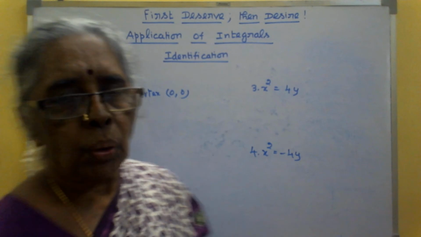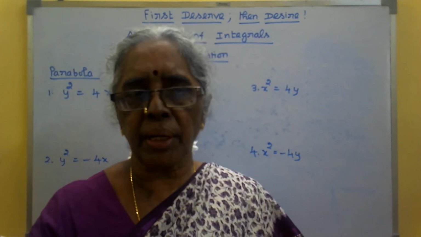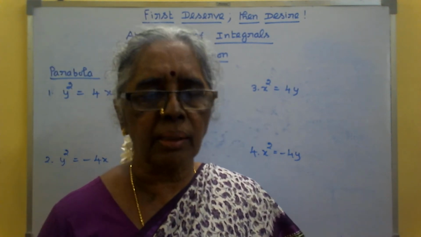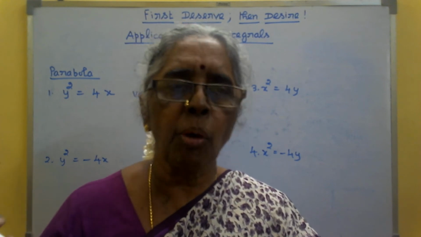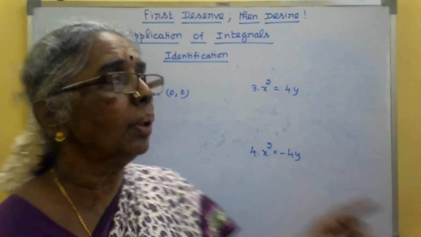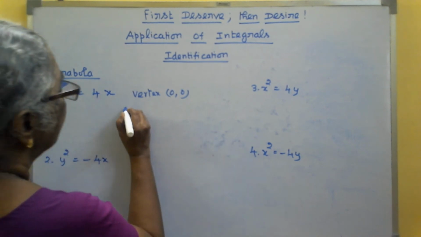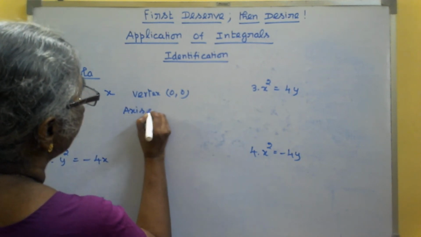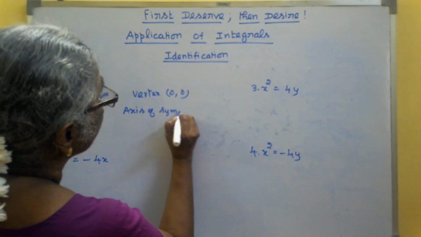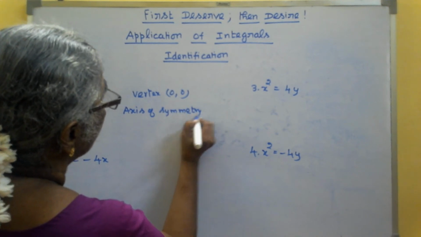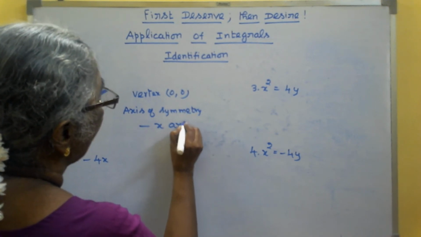Next, you should know what the axis of symmetry is. That is, the parabola will be symmetrical either about the x-axis or about the y-axis. Because you have y squared here, the axis of symmetry will be the x-axis.